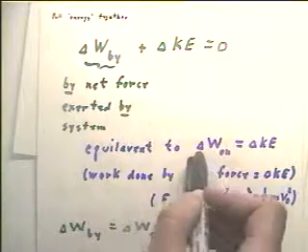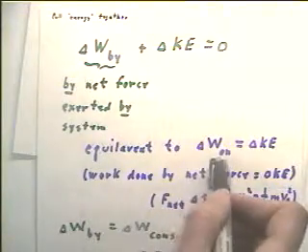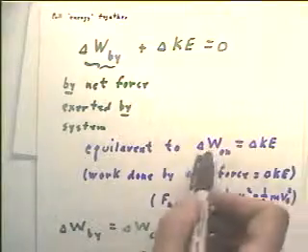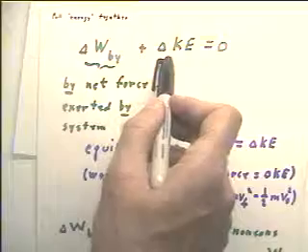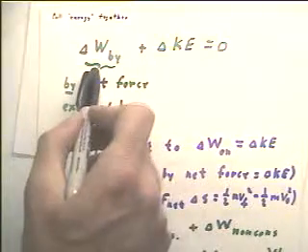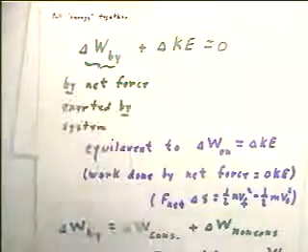Now if we change this work done on the system to negative work done by the system and then add that to both sides, this is what we get. This says that the change in kinetic energy is equal to the negative of the work done by the system, which is the work done on the system.